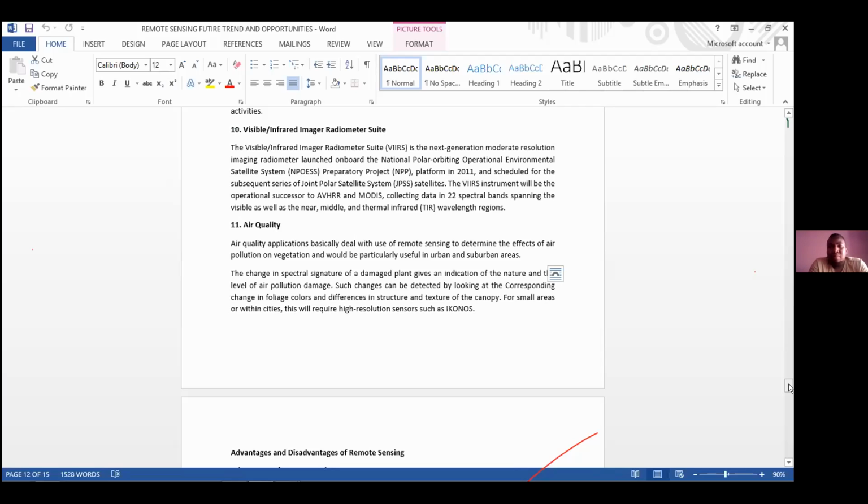This has been able to collect more than 22 spectral bands. Remember, when I was explaining about satellites initially, the satellite with the highest number of bands was around 11, 16 bands. But this new imaging radiometer suite has 22 spectral bands, which is very, very strong.